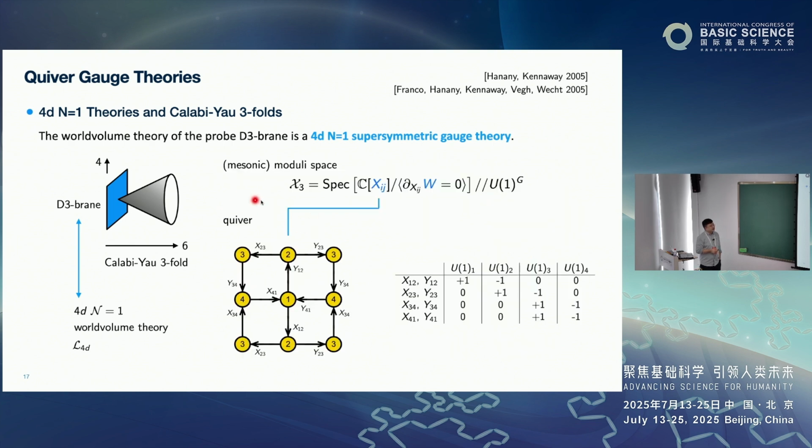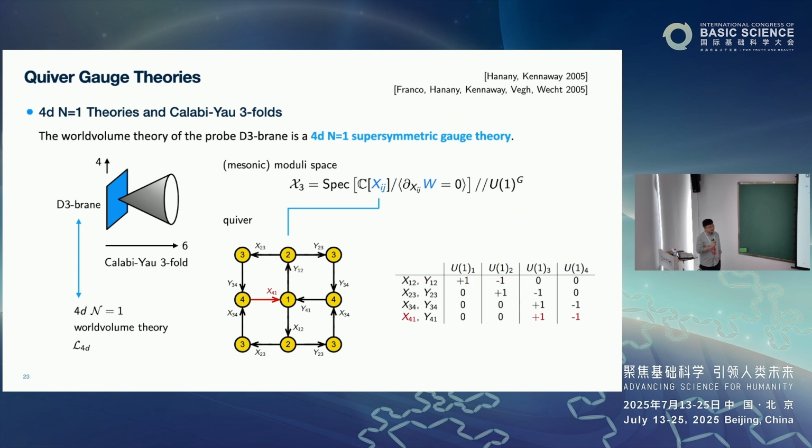And for instance, here is an example of the set of chiral fields that I could have for a corresponding 4D N equals 1 theory, described by a quiver diagram. The nodes here represent gauge groups, in this case U(1) gauge groups. I have 4 of them. The arrows correspond to bifundamental chiral fields that transform in bifundamental representations of these U(1) gauge groups.